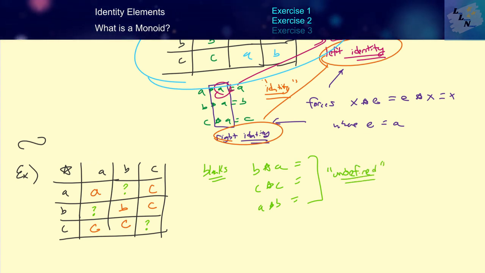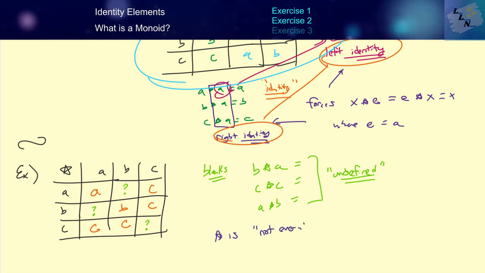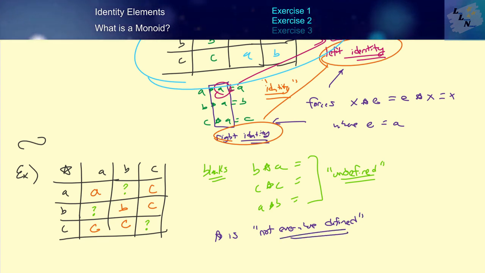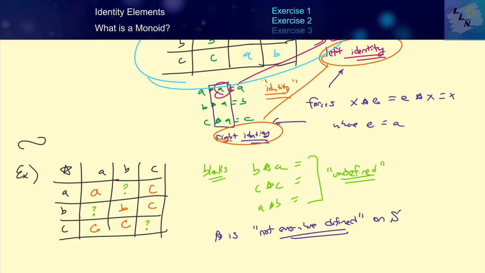So this is sort of like the 1 divided by 0 thing. So there's no element in this particular set S that is defined as the output of these two input values. Some people will also say that star is not everywhere defined on this particular set S.